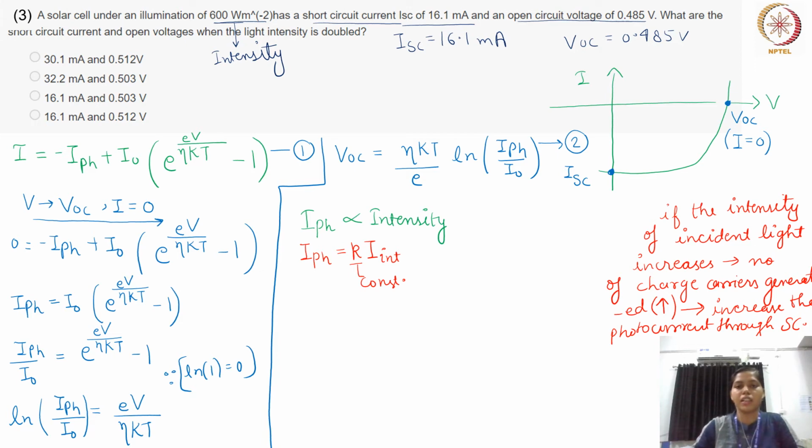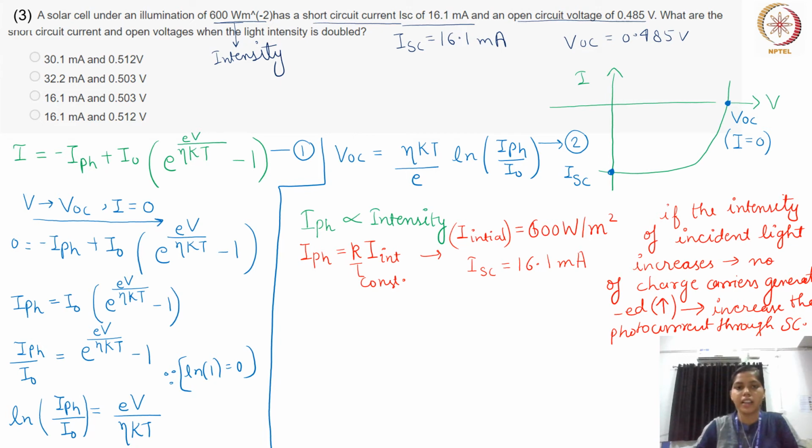Now they have given that for the initial intensity, the value is 600 watt per meter square, and also the short circuit current value is 16.1 milliampere, right?